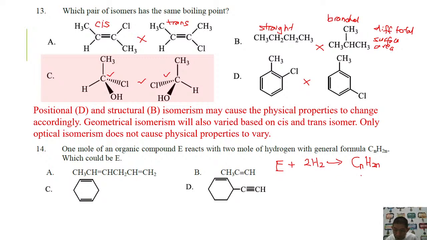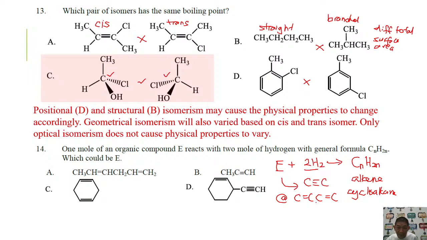So when you have CnH2n, there are two possibilities. Either it is an alkene or it is a cycloalkane. Now, this one is after reacting with 2 hydrogen. So if you react with 2 hydrogen, that means E must have either a C triple bond C, or you have something with 2 double bonds.